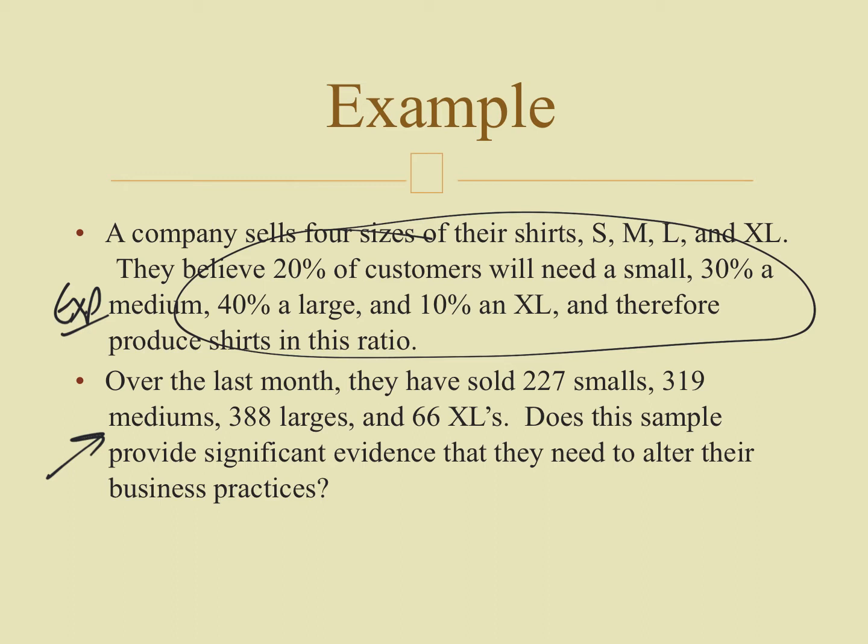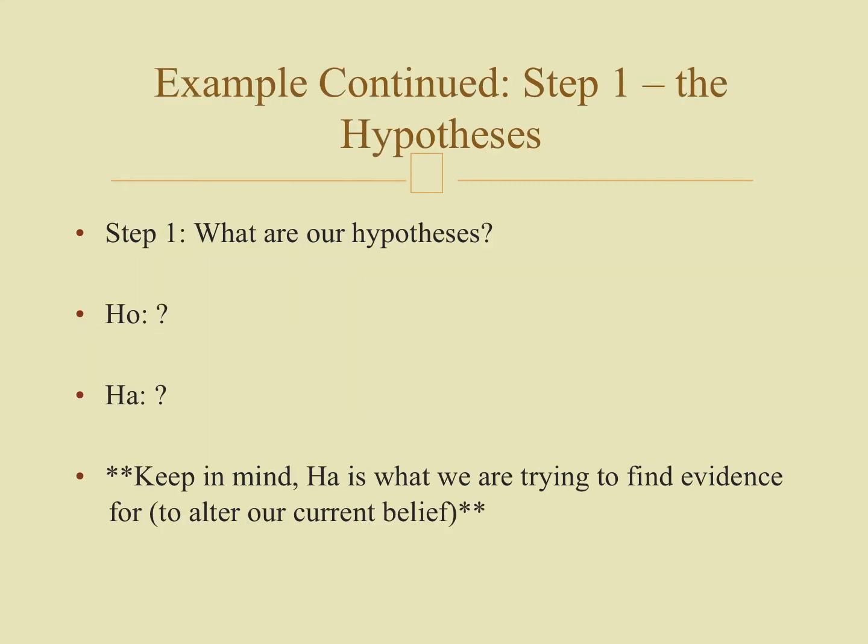If they miss by a little bit, you expect to miss by a little bit. That's just natural variability that occurs from sample to sample. So what we're really looking for is, did they significantly miss their estimations? And by significantly, we're talking statistically significantly, which is what we'll look into now.